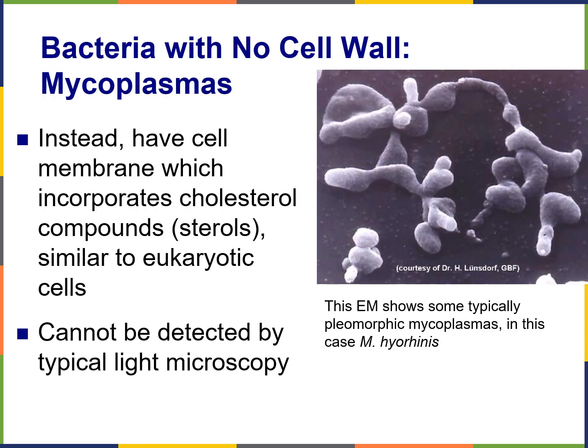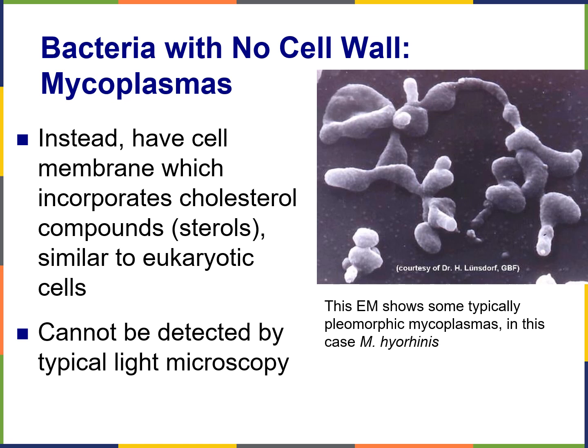So I said that most cells have a cell wall. I think I said something like 95% of bacteria cells have a cell wall. Well, what about the bacteria that do not have a cell wall? Let me introduce you to the mycoplasmas. These are a unique group of bacteria that lack a cell wall.